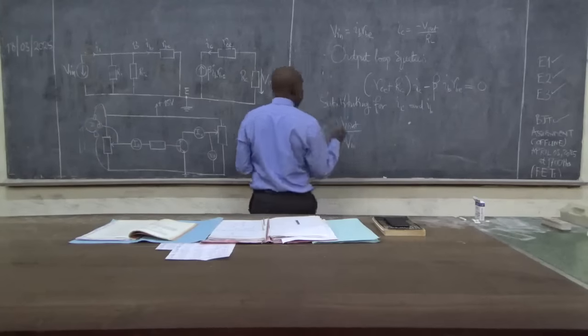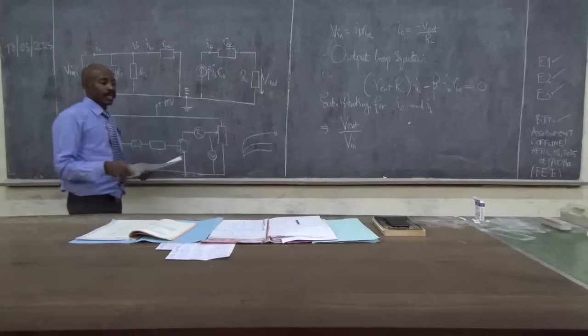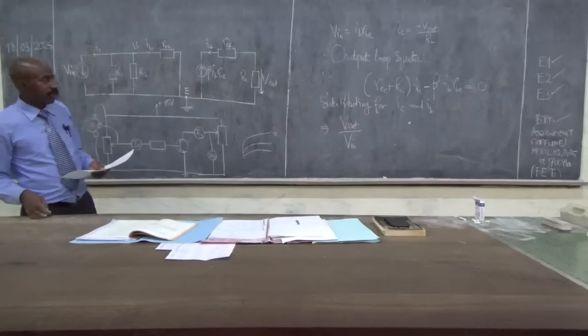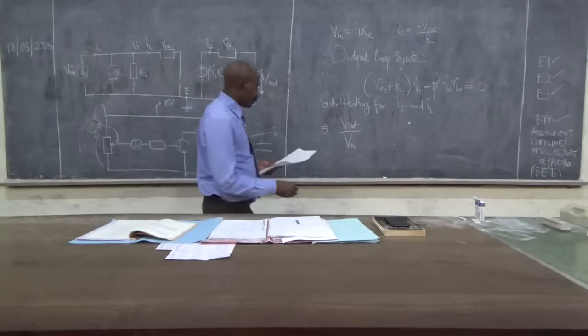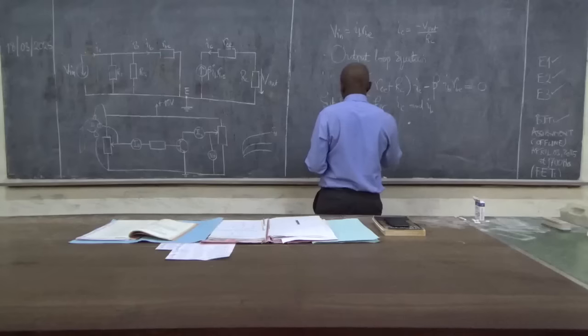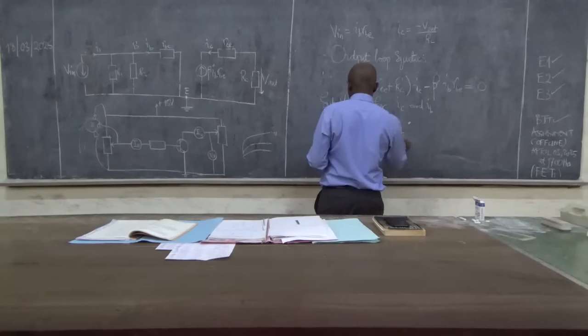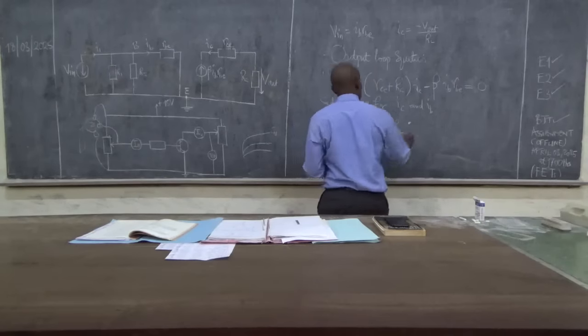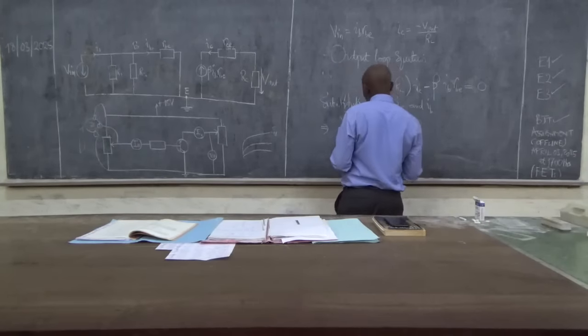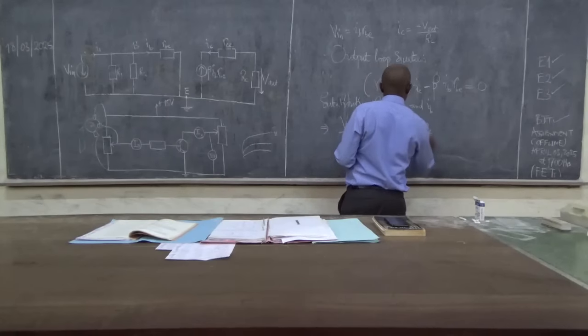Remember, we are looking at a common emitter amplifier. So this is the amplification. This would be the same as minus RC over RCE plus RC times beta RCE over RB.